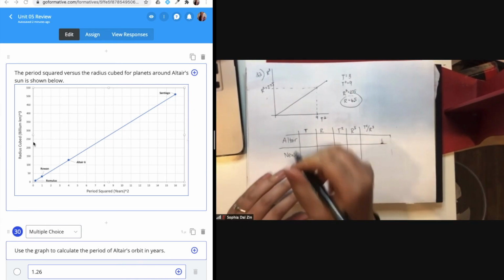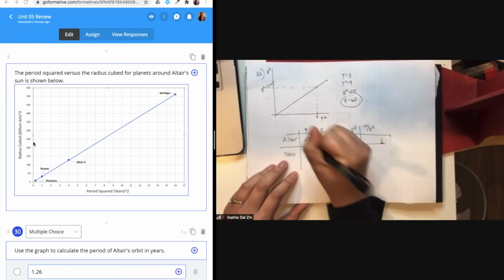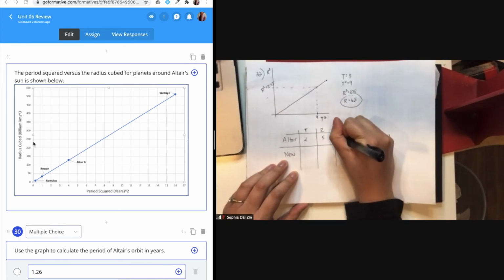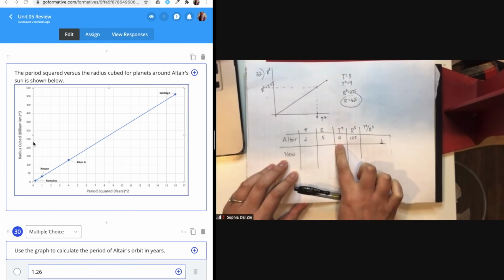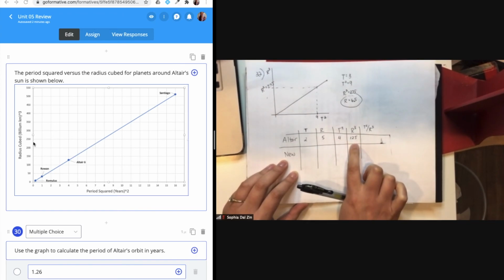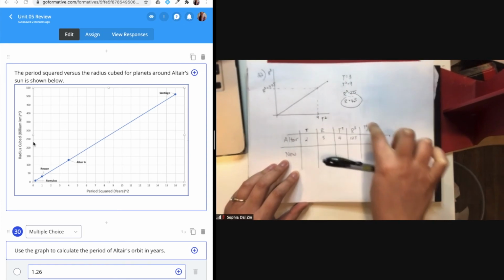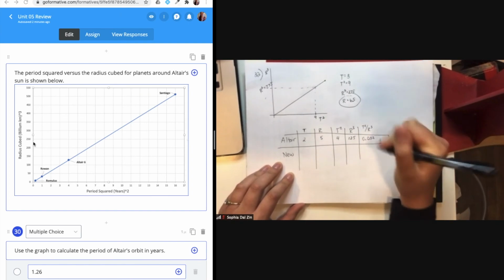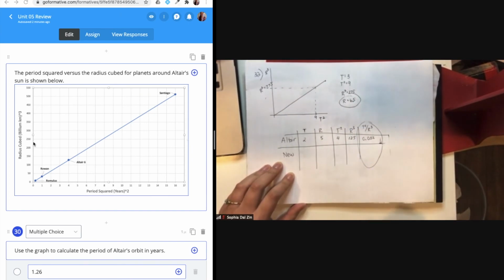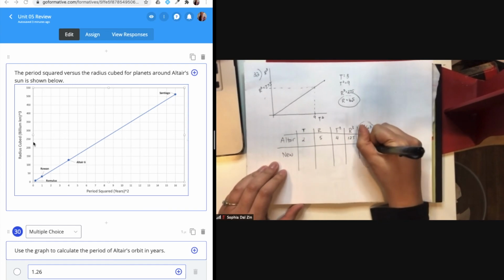The planet Altair had a time of 2, a radius of 5, and that leaves T squared as 4 and r cubed is 125. Dividing these out gets 0.032. But this value is a constant that has to be true for everything that orbits the same central mass.